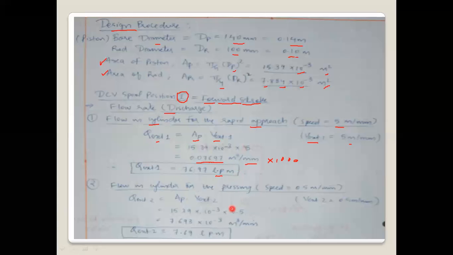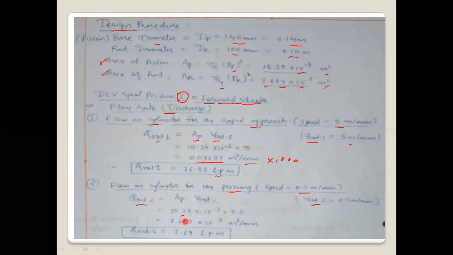Then next I have to find the flow for the pressing. So for the pressing, the speed is 0.5 meter per minute. So I will call it the V extension 2. So Q extension 2, that will be the flow rate for the pressing. So again multiply with area of piston, because the oil is flowing to the area of piston only.